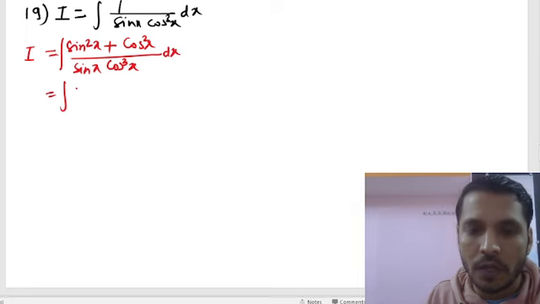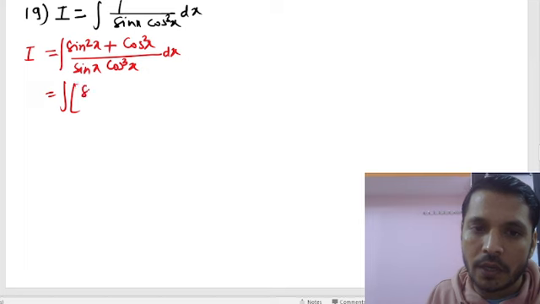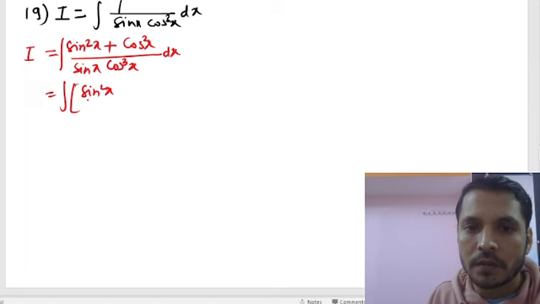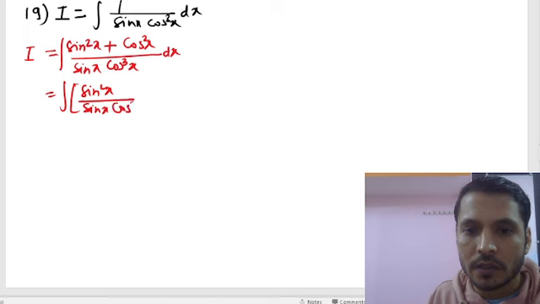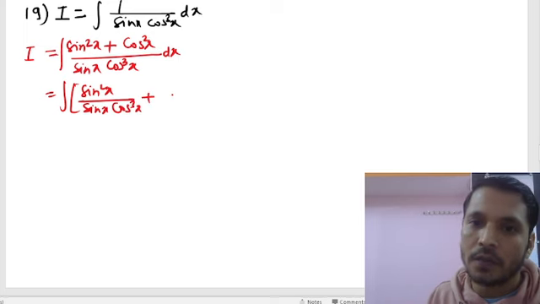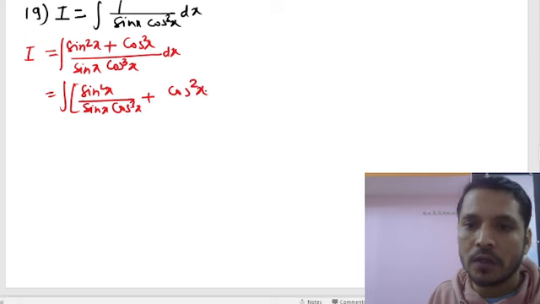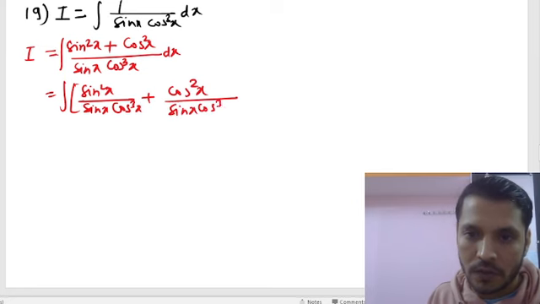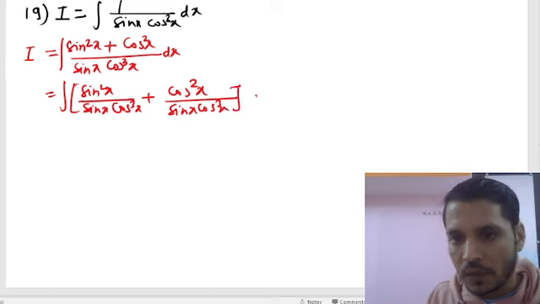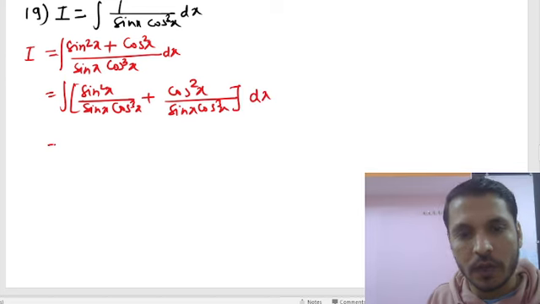Here we can divide the sin square x by sin x and cos cube x, plus we can take the cos square x and divide it separately by sin x and cos cube x, and dx at last.